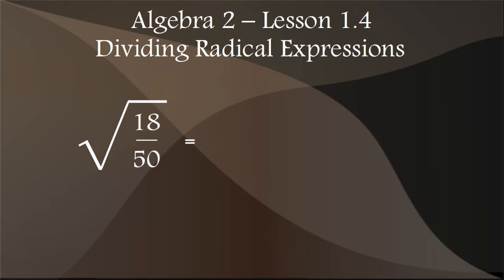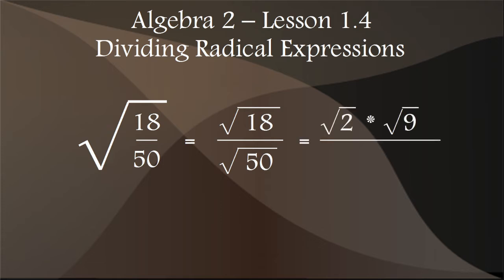So let's take a look at this example. We're trying to find the square root of 18 over 50. We know we can split this into two separate radical expressions. So we end up with the square root of 18 over the square root of 50. From our previous sections, we know we can take that square root of 18 and split it into two separate products.